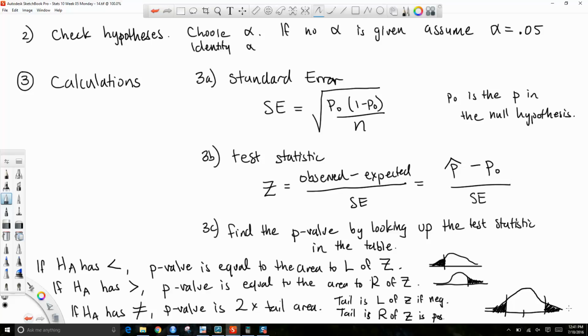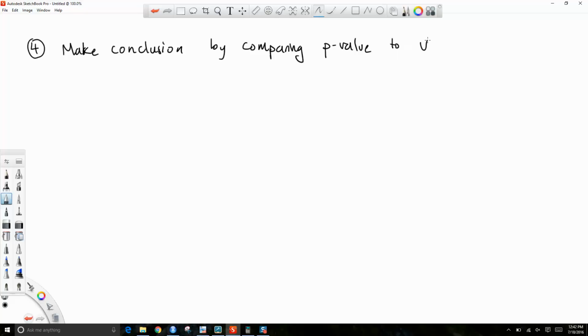Okay. And then lastly, did I flip too soon? Okay. All right. And then once you have your p-value, make a conclusion by comparing your p-value to alpha. Okay, so if the p-value is greater than alpha, this means the probability of getting our data from random chance was high.